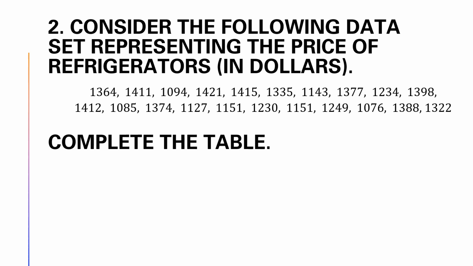All right, so here we have a data set that I collected. I want to say it was from Home Depot's website. It says, consider the following data set representing the price of refrigerators in dollars. Let's go ahead and count up how many refrigerators we have in our data set. 1, 2, 3, 4, 5, 6, 7, 8, 9, 10, 11, 12, 14, 15, 16, 17, 18, 19, 20, 21, 22.